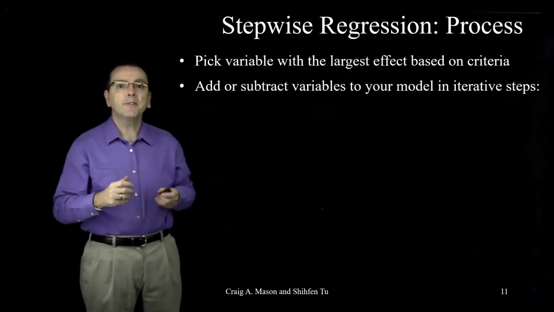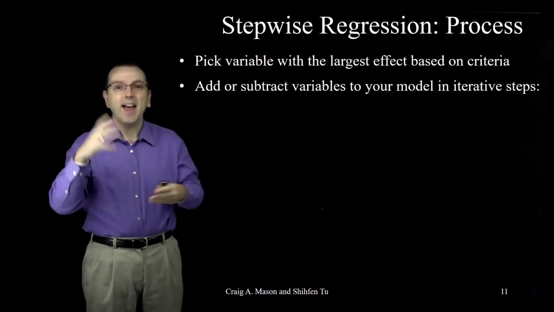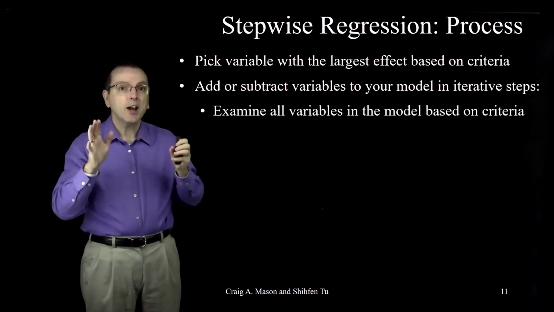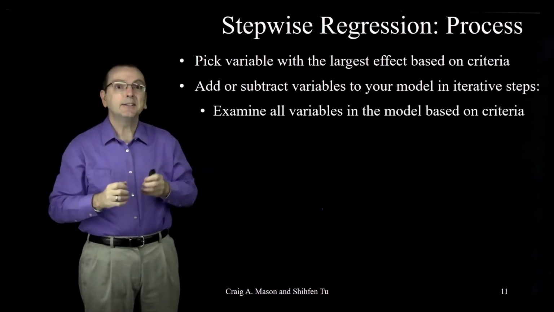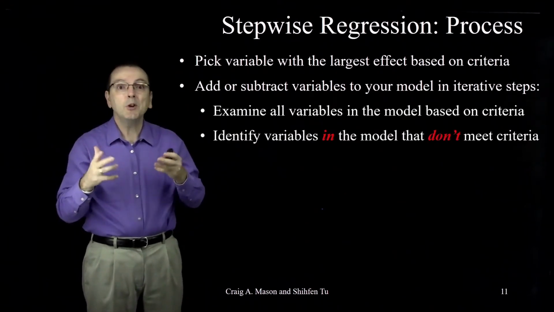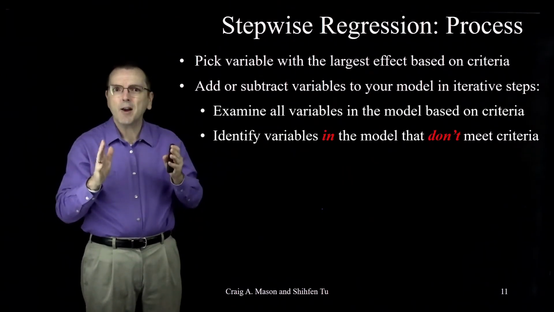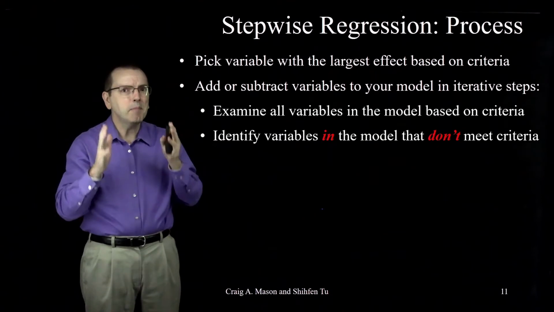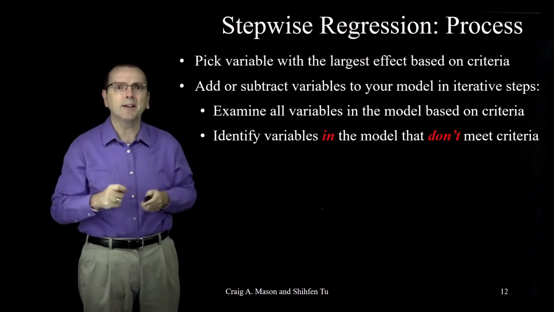We then iteratively repeat steps where we add or subtract variables. First, we check all the variables already in our model to see if any of them no longer meet our criteria. Again, these variables are already in our model, and they must have met the criteria to get into the model.